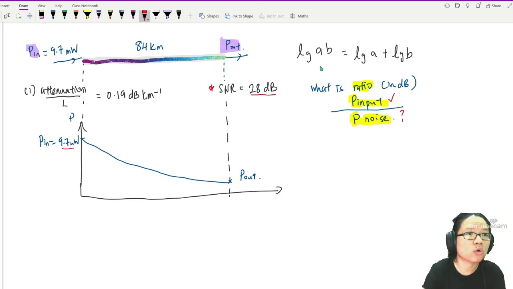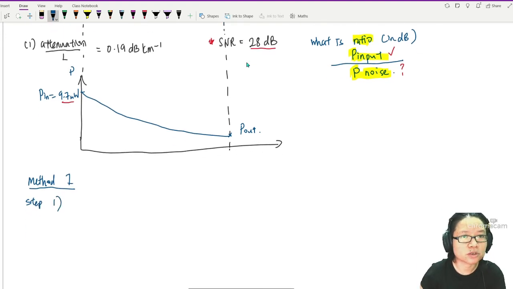So I will write here method 1. Step 1, I will find the noise power. Find P noise. All right, so I know that the signal to noise ratio is 28 dB.